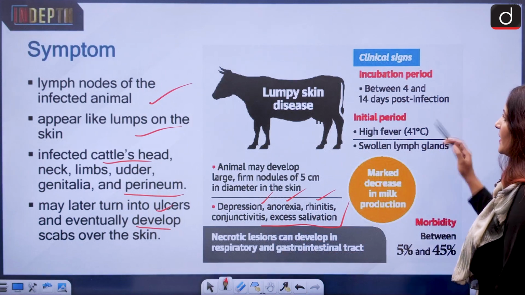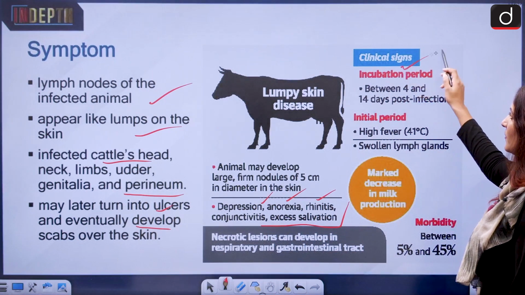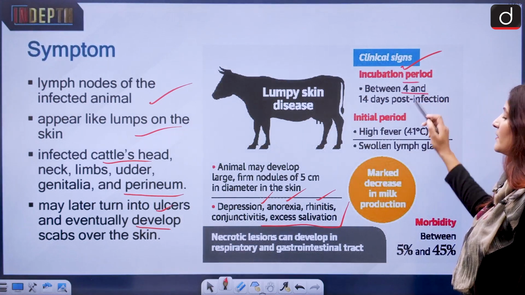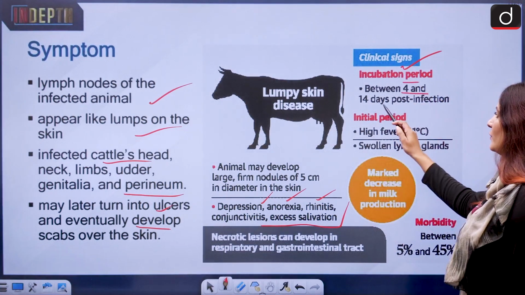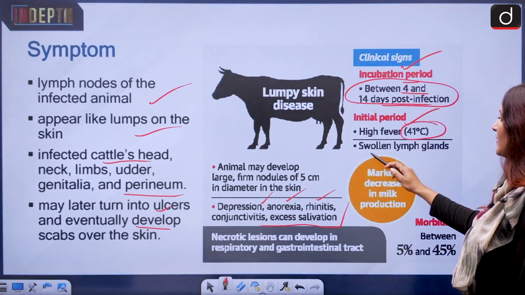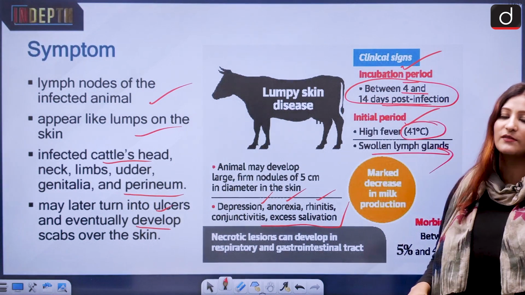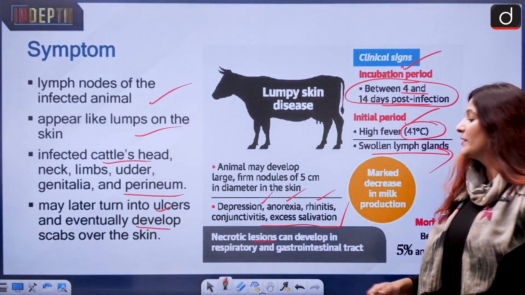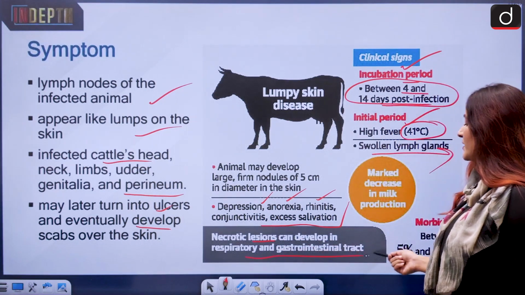And the important thing, if we talk about the clinical signs, is that the incubation period for this particular virus is 4 to 14 days post-infection. In the initial period, we see high fever and swollen lymph glands as well. And necrotic lesions can also develop in the respiratory and gastrointestinal tract.